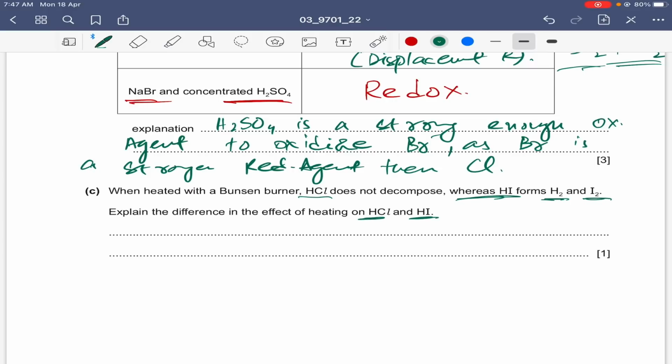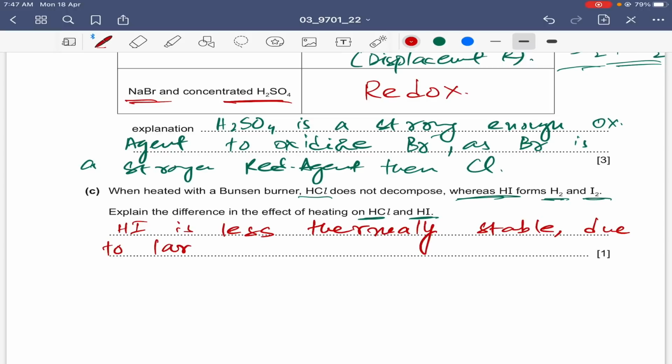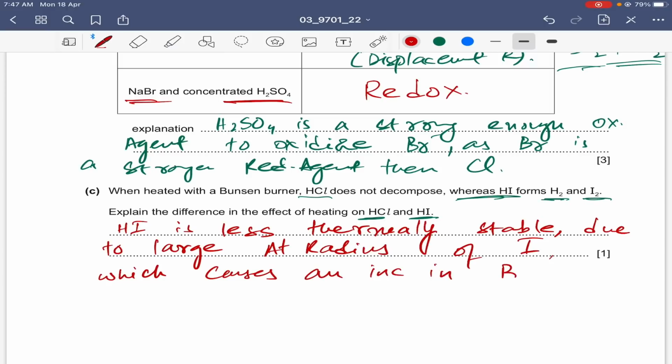So HI is less thermally stable. It can be easily broken down, right? It is less thermally stable due to the large atomic radius of iodine, which causes an increase in bond length between hydrogen and iodine, and subsequently the bond energy decreases.